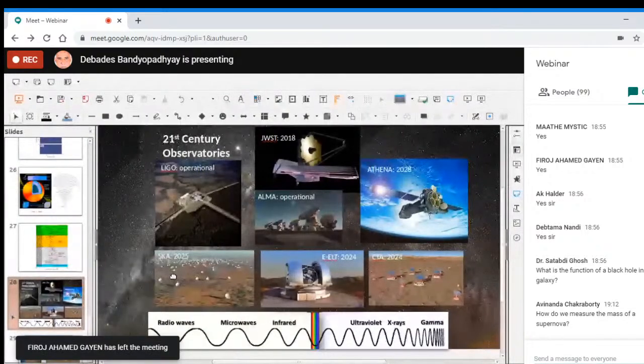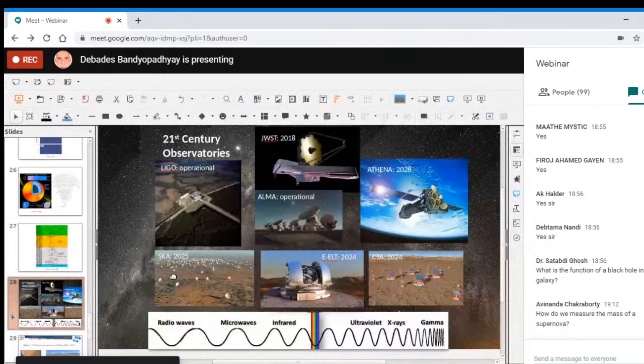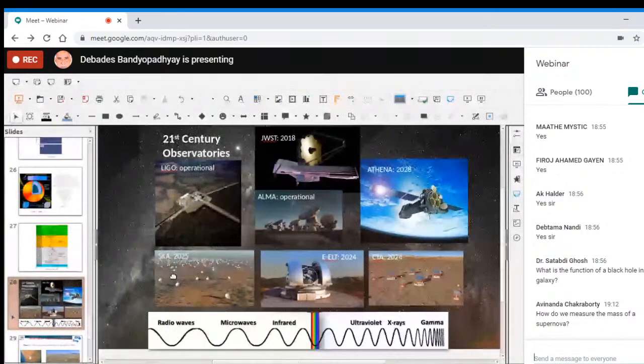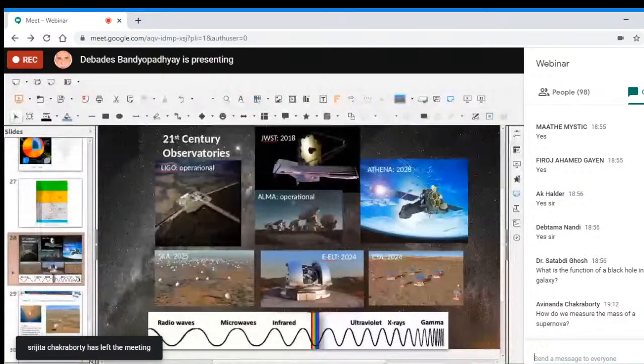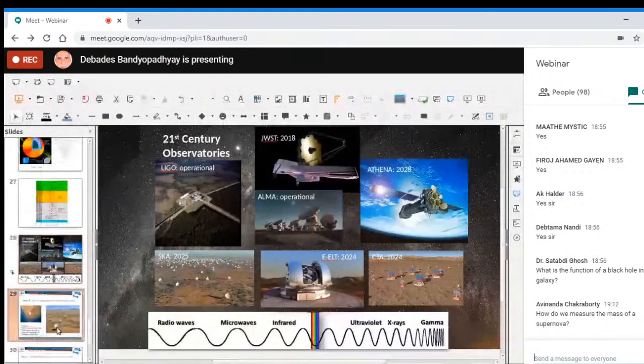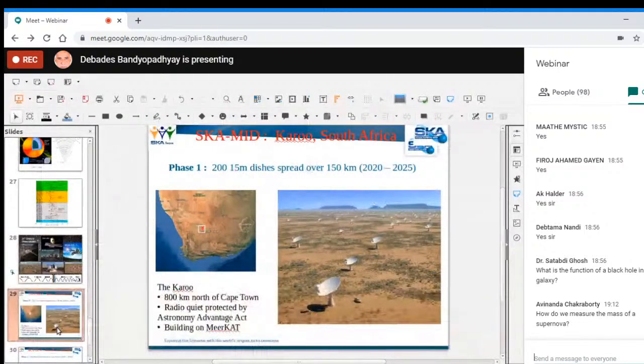So neutron stars are not only detected in radio waves, they can be detected across the electromagnetic spectrum, through X-rays, gamma rays, and radio waves. In the last 2 slides, I am almost done. This is the Square Kilometer Array, which is now just being built.